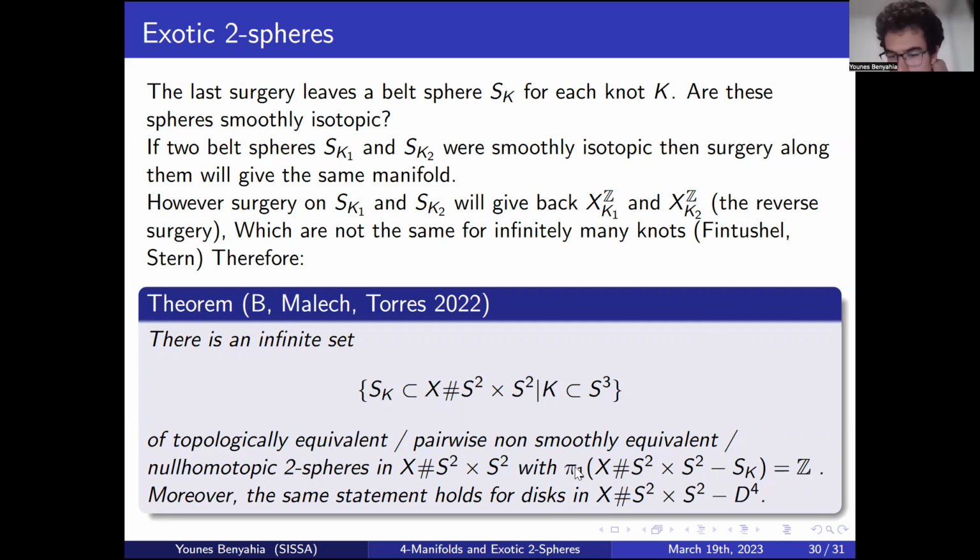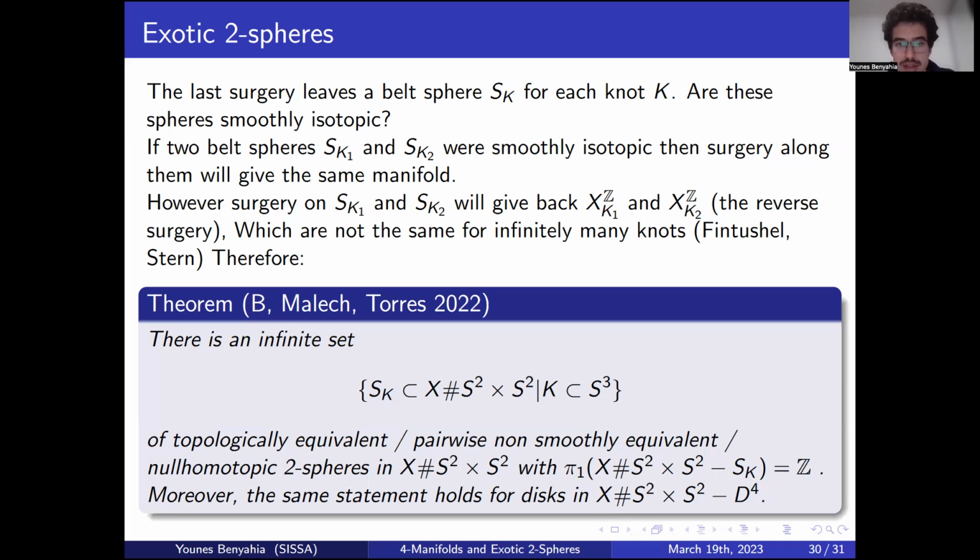Moreover, the fundamental group of their complement is Z. We can have the same statement if you remove a D4 from X connected sum S2 times S2: you will also remove a disk from these exotic spheres, and the disks that remain are also exotic.